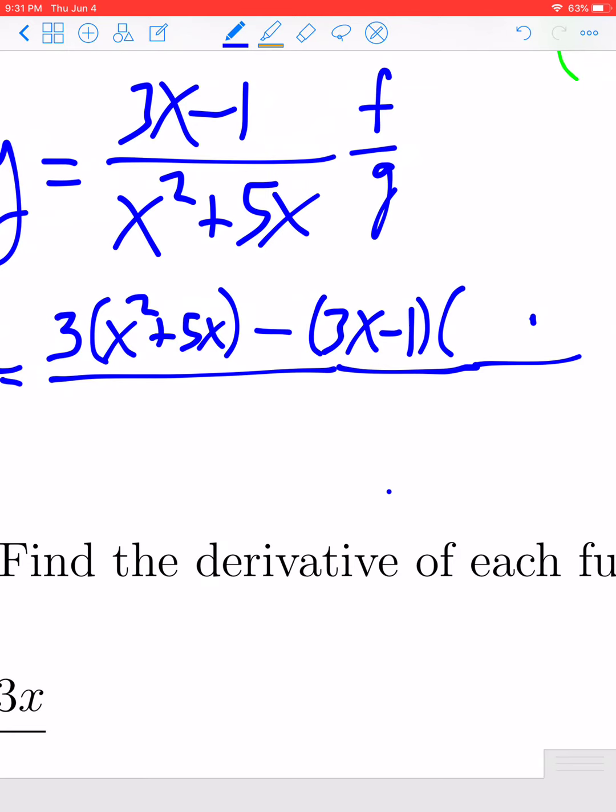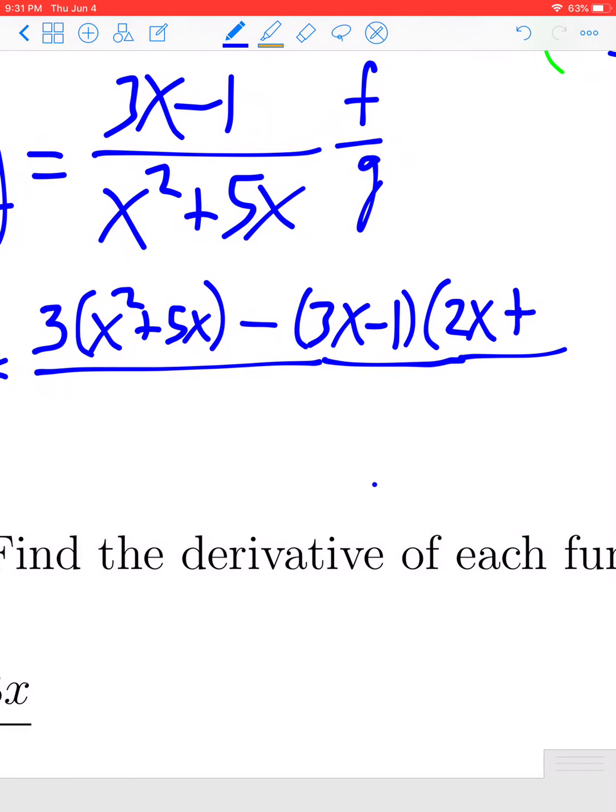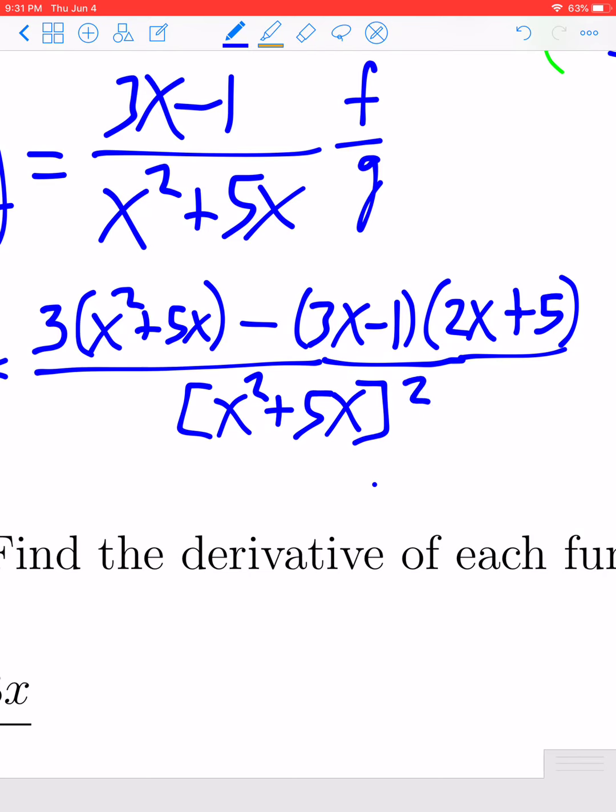The derivative of x squared plus 5x is going to be 2x plus 5. And this is going to be all over the original denominator, the whole thing raised to the second power.